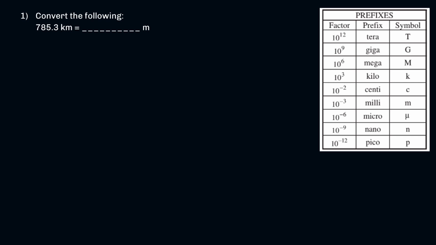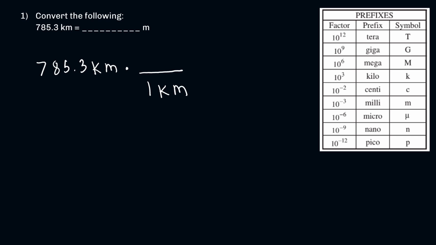So I'm going to set up my conversion. If I look on my prefix table, I can see that kilo is times 10 to the third. So I'm going to set up what 1 kilometer is. I have 1 kilometer on the bottom because I want to cancel out that unit.